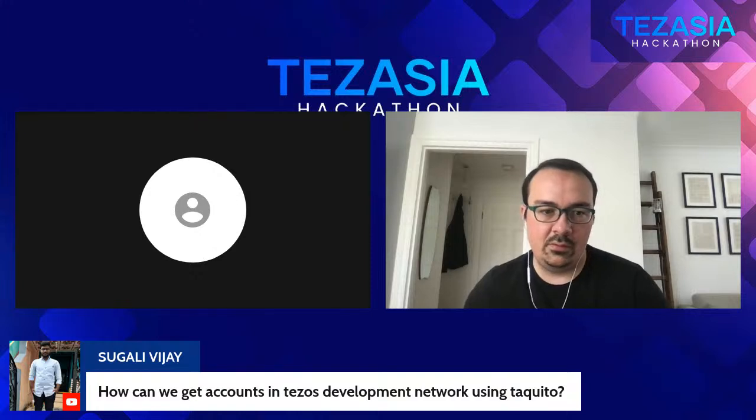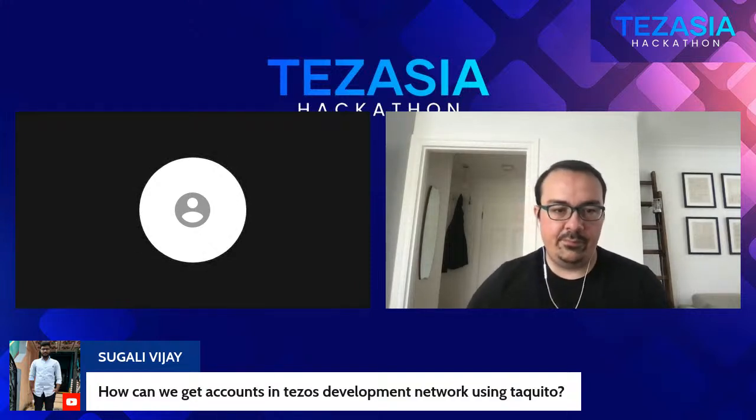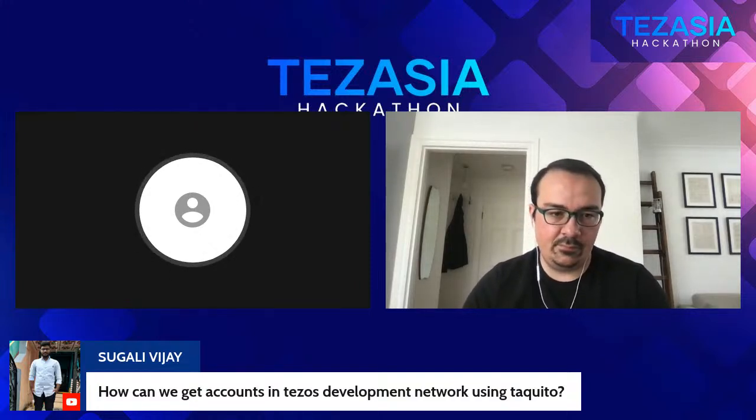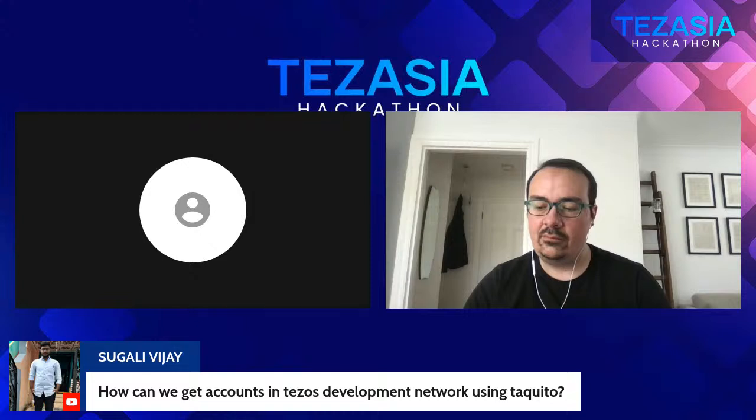How can we get accounts in the Tezos development network using Taquito? I'm not really sure what you mean with accounts, like users' accounts. Well, the main thing that you can get for the account is the balance.